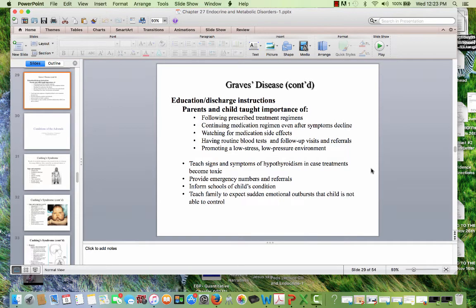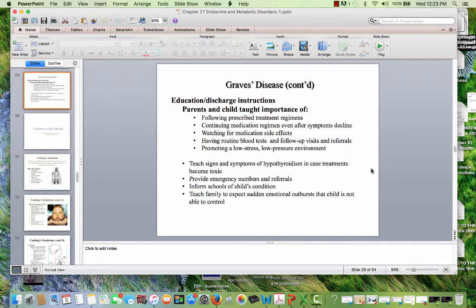For education, you're definitely going to follow up with the parents and caregivers and teach them about the importance of medication adherence. Often when people see signs and symptoms decrease, they get relaxed in their adherence.